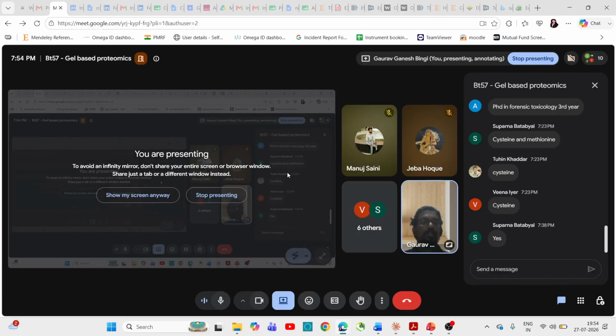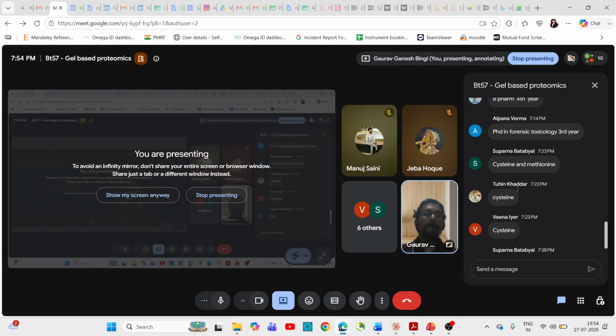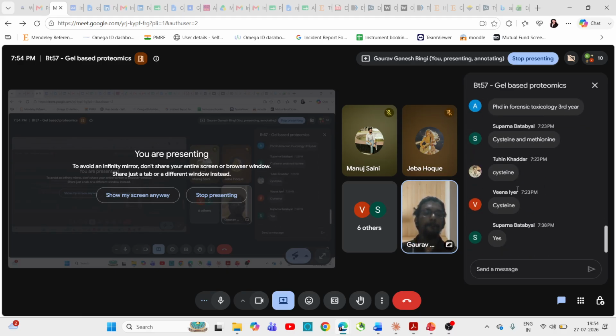Do you know any of them? Do you know how proteins can be detected? Have you heard about any assay which helps in determining the protein?